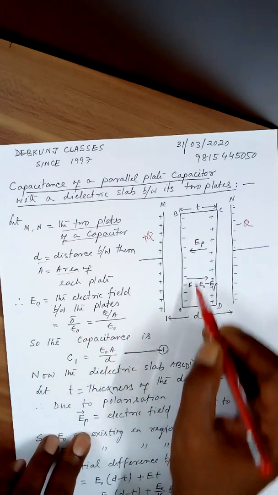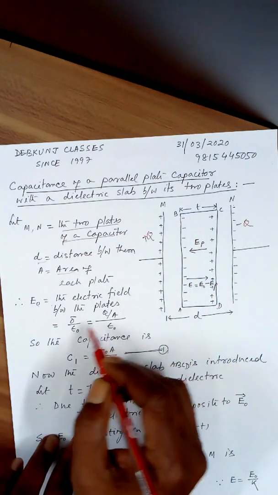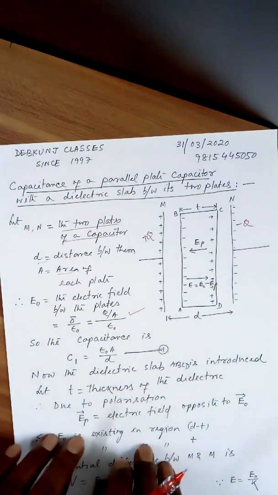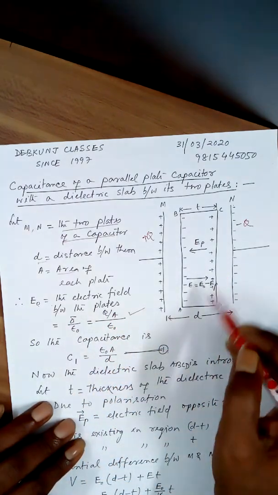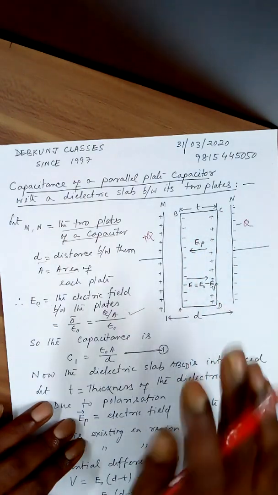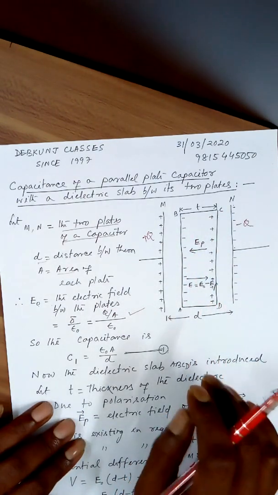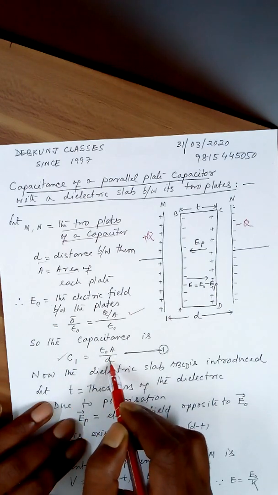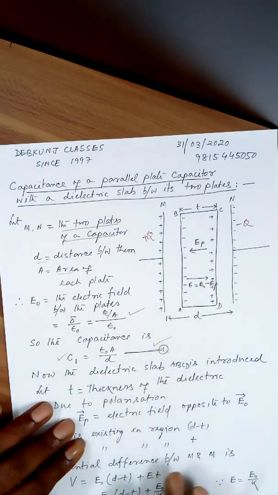We have not introduced the dielectric yet. So sigma is equal to Q by A divided by epsilon naught. The slab ABCD is not introduced now. So the capacitance C1 is equal to epsilon naught A by d, which we studied in the previous lectures.